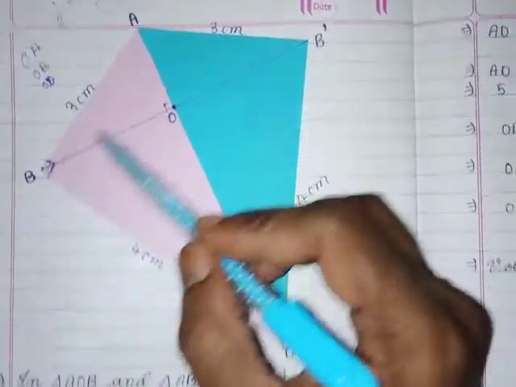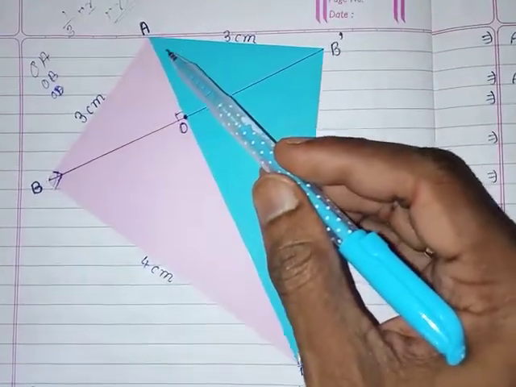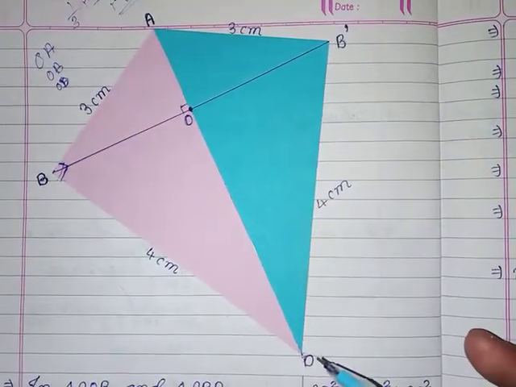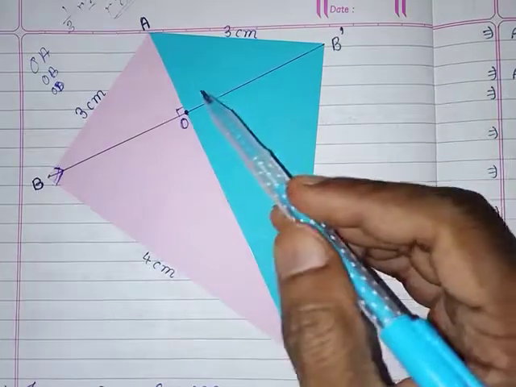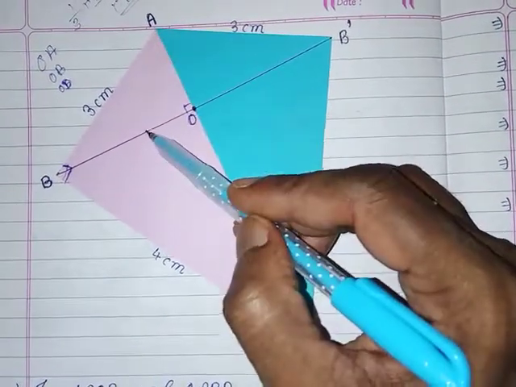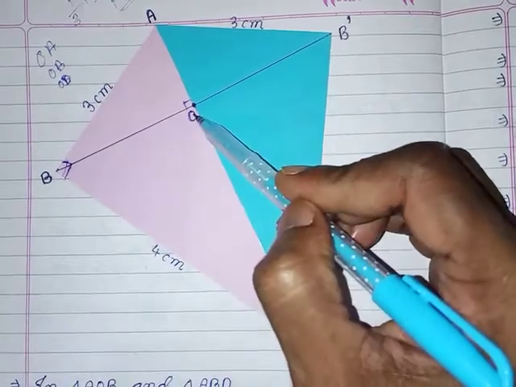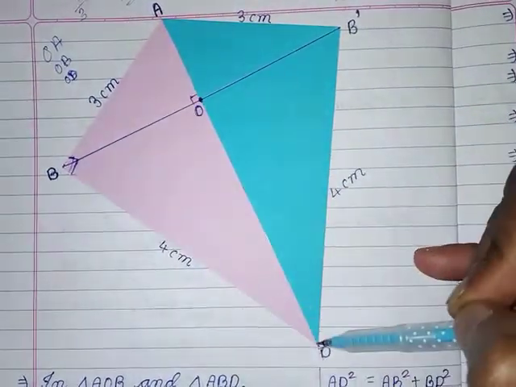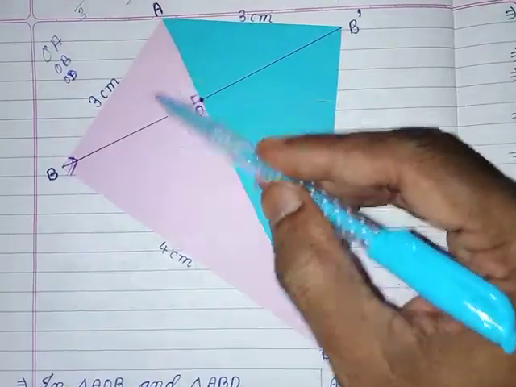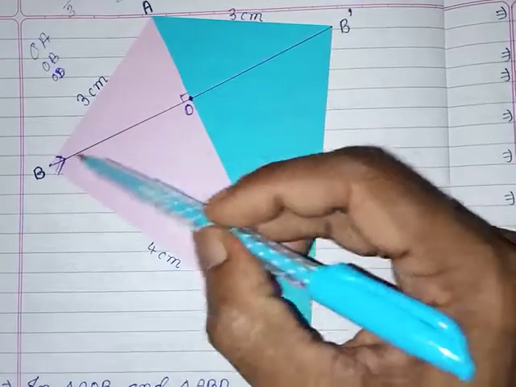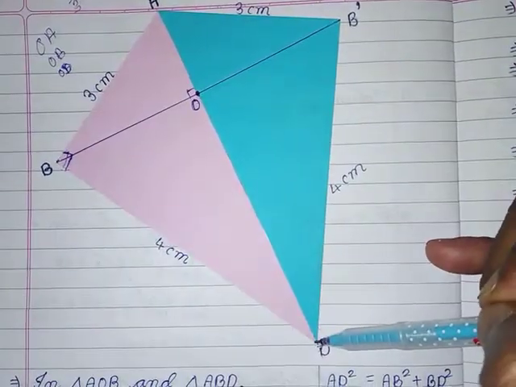So it is AB upon AD, first ratio. Second, angle A is common. What is opposite to A in this triangle? OB. What is opposite to A in the big triangle? It is BD. So the second proportion will be OB upon BD.